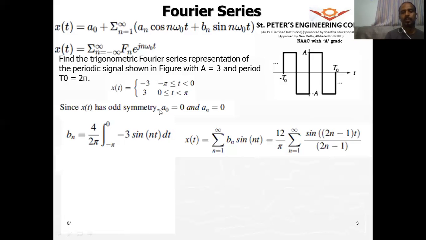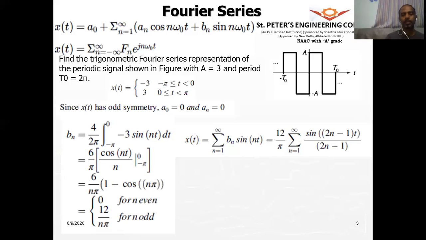Okay, so this is what we will be integrating. When we integrate this, the integral of sine is minus cos, so we get 6 pi cos nt by n. And then when we substitute the values, we get 6 by n pi into 1 minus cos n pi.